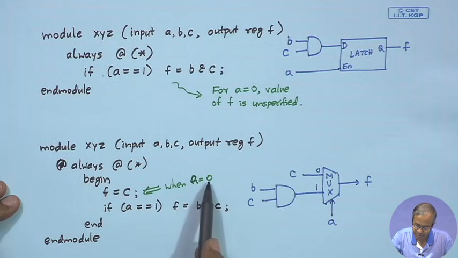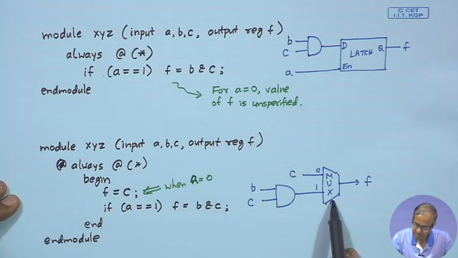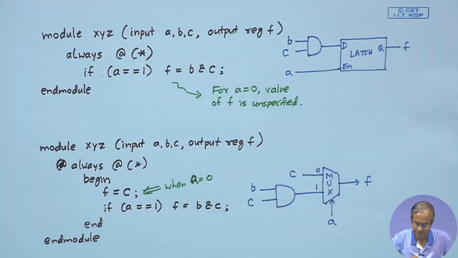You are saying when A equal to 0, C should go to F. If A equal to 0, C will be selected, and if A is 1, B C will be selected, B C will go to F. So, this is a purely combinational circuit, you see.